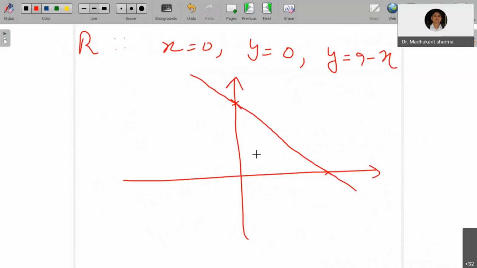And you have to see that the critical point you have observed is (1, 1). Let's say these are the points O, A, B. Now, this is the line y equals 9 minus x. This is your y equals 0, and this is your x.